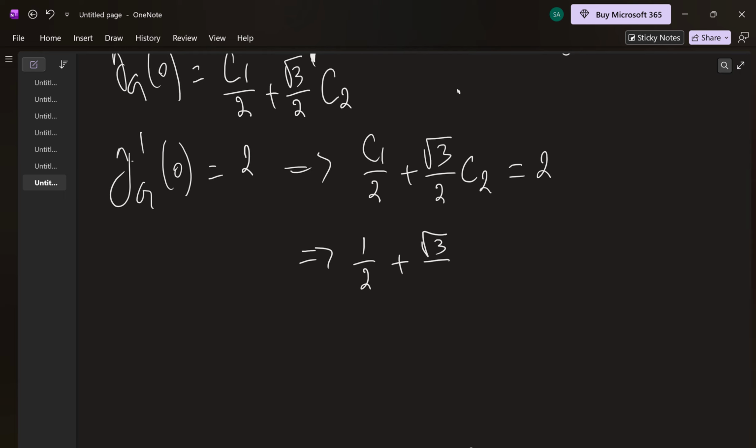Now remember that we did compute C1 before, and we found C1 is equal to 1. So 1 over 2 plus square root of 3 over 2, C2 is equal to 2.